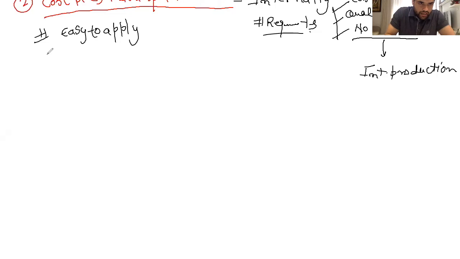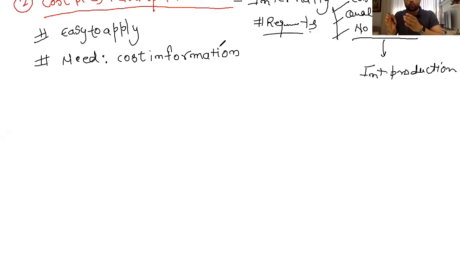Now, in order to apply this method, what we need is cost information. On the basis of cost information, we will determine the price. If we do not have cost information available, then of course we cannot apply this method to estimate the transfer pricing.